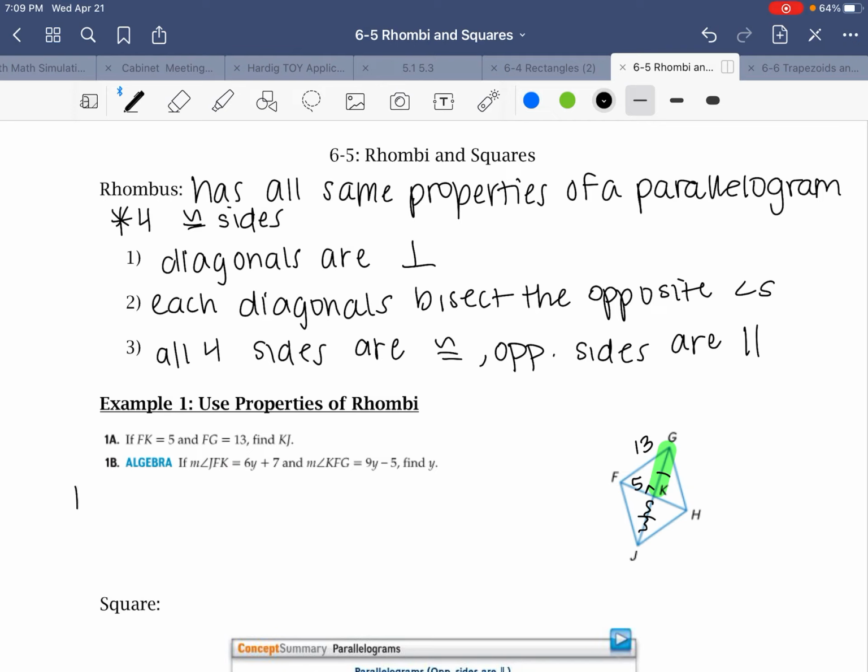So I can say 13 squared minus 5 squared will equal GK squared. Well, 13 squared is 169 minus 5 squared, which is 25, and that gives us 144. When we take the square root of that, we get that GK is equal to 12, and because GK is 12, that means that KJ is also equal to 12.